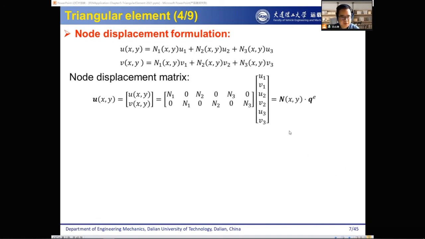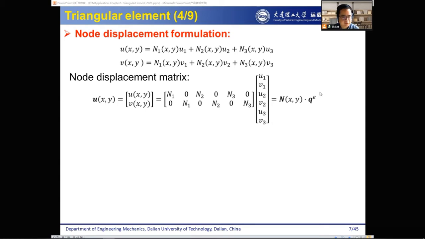I'm sure you still remember this form. We will always arrange the node displacement function as the shape function matrix times the node displacement vector. This is the shape function matrix, and this is the node displacement vector. So we unify the displacement function for all different types of elements in the same format, which is easier for the program to handle.